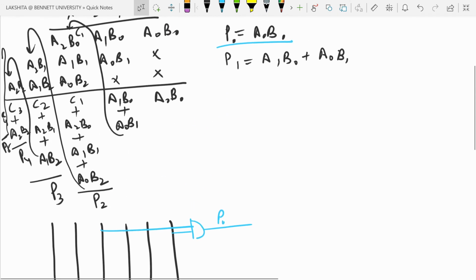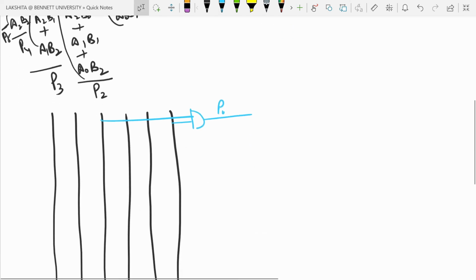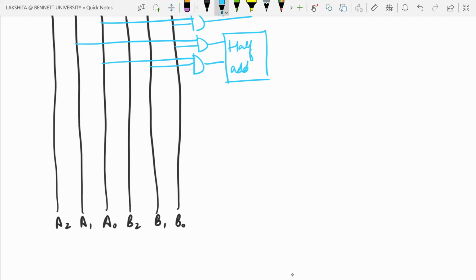Then we have our P1, which is nothing but A1 B0 plus A0 B1, A1 B0 and A0 B1. We'll add them using a half adder. We have a sum and a carry.